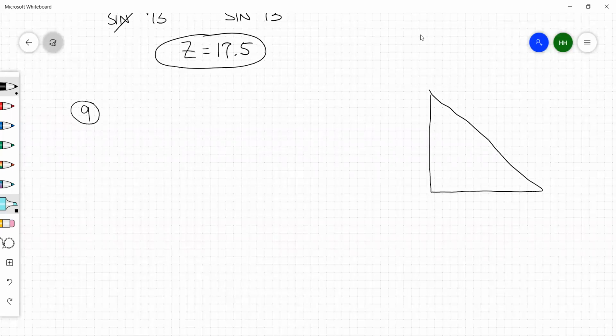We got triangle P, R, and Q. We got a side of 12. We got a side of 16. We got a side of 11. We're going to call this x degrees. I'm going to call this y degrees. And this will be z degrees.